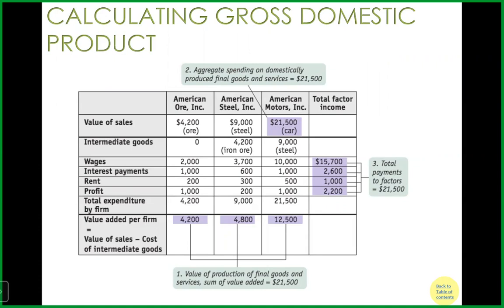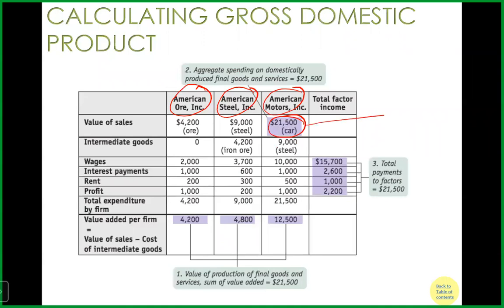First, in this economy, there are three firms: American Oil, American Steel, and American Motor. And so what will be consumed by the final consumer? It's very clear, the cars.